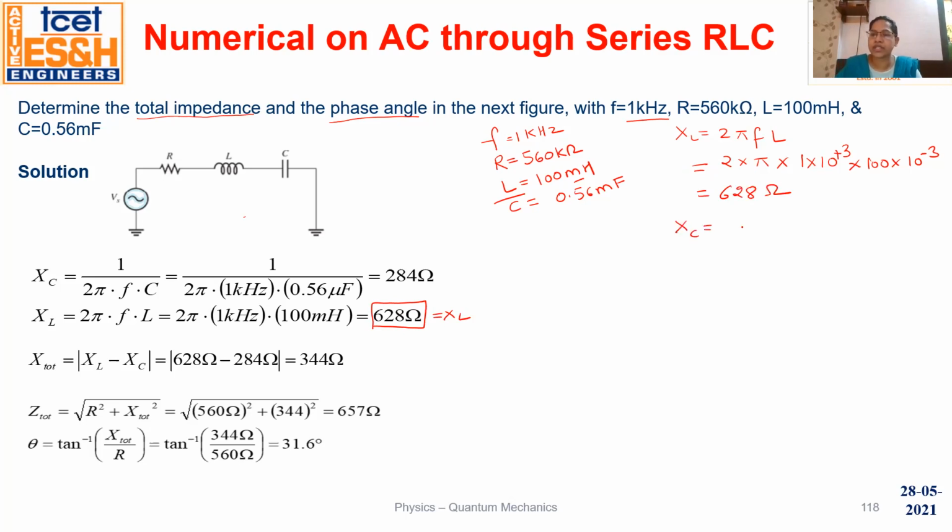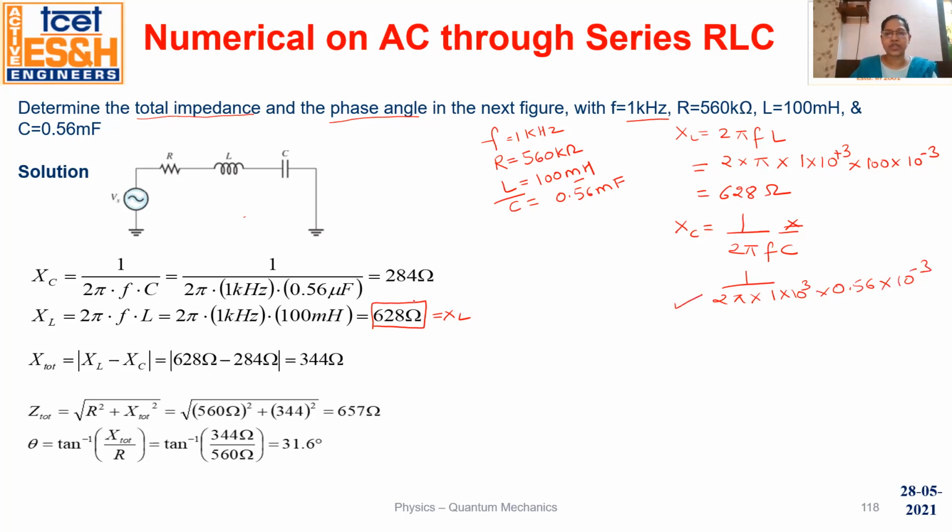Now for calculation of XC, XC is equal to 1 upon 2 pi FC. So 1 upon 2 pi, frequency is 1 kilohertz, that is 10 to the power 3, multiplied by capacitance 0.56 microfarad, that means 10 to the power minus 6.